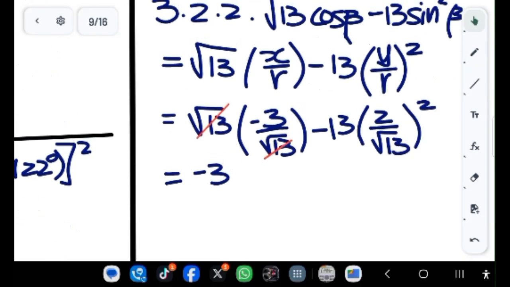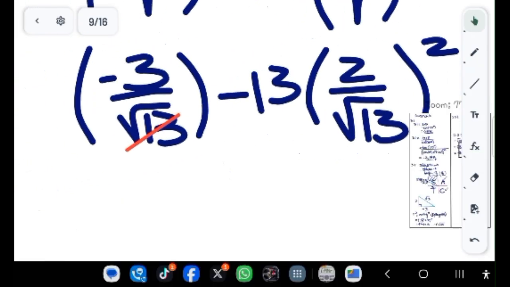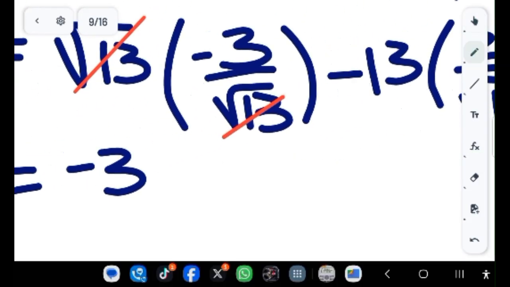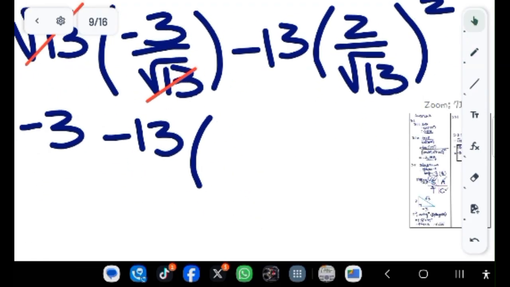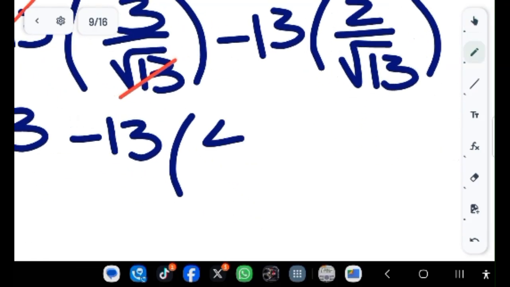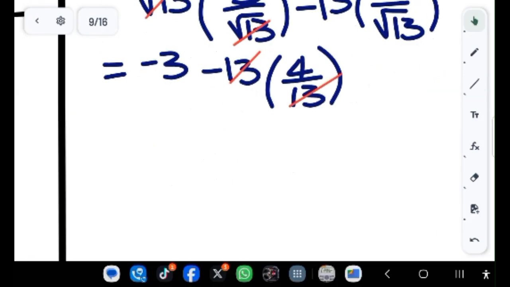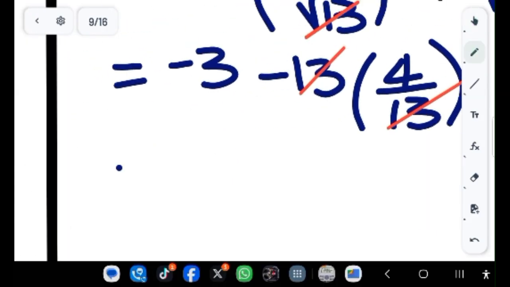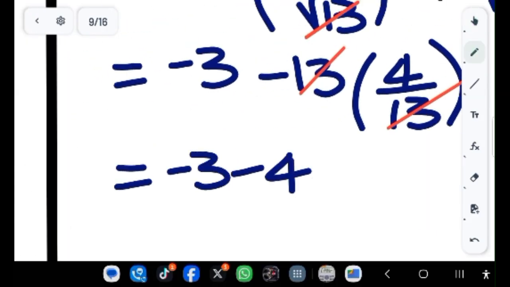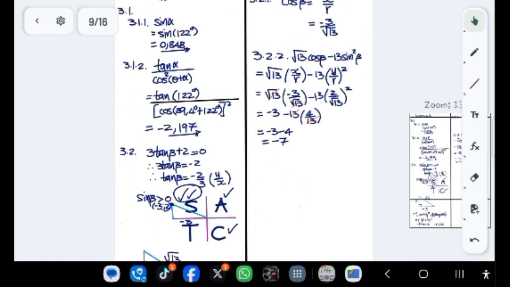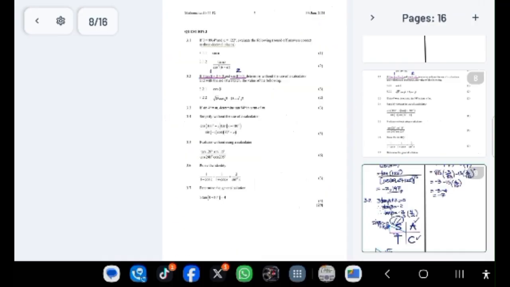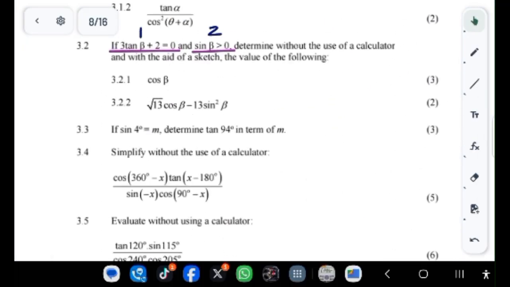And then minus 13 times 4 over 13. The 13s cancel out here too. And that leaves you with negative 3 minus 4, which is negative 7. And that's your answer there. Easy when you know how to do this.